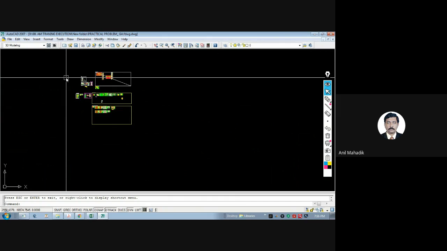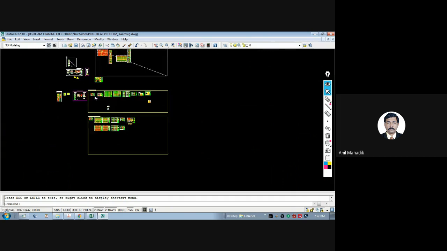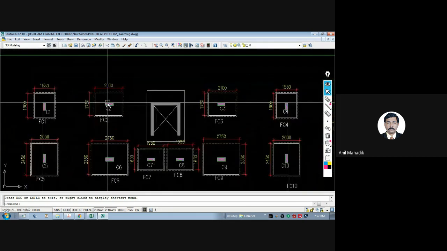That means you can create a plan of, let's say, the Indian country, such a big plan. There is a big virtual space available in AutoCAD. That means you can directly draw the drawings in AutoCAD as good as you are doing the construction on site. So this is real. You can draw at 1:1, there is no problem.